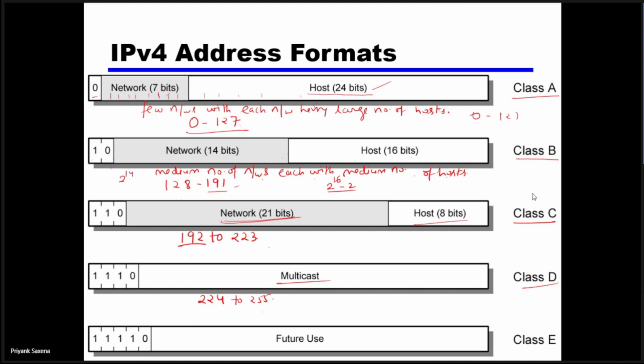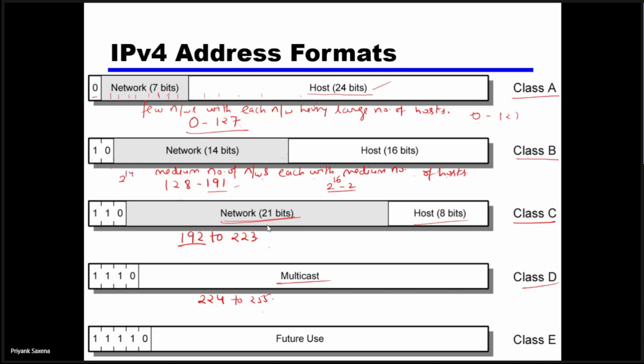In each class, a pool of addresses was assigned. Suppose some large organizations are there which may have class A networks, with fewer networks but a large number of hosts in each, like in class A. Similarly in class B, network bits are 14 bits while host bits are 16 bits, so a medium number of networks each with a medium number of hosts.